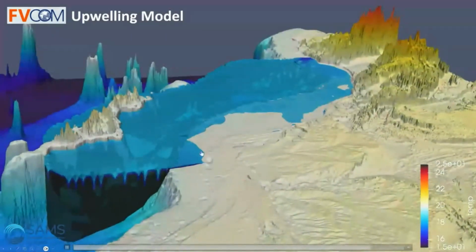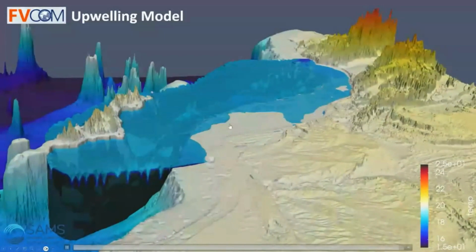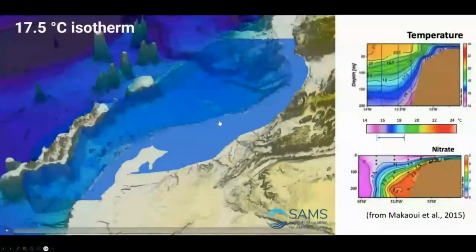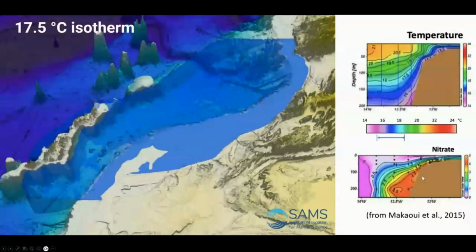Bathymetry. And then this I'll talk about in the next slide. This is an isotherm of where the cold water is. It's been shown in a few studies that the nutrient-rich upwelling water strongly correlates with temperature. Because it's an upwelling regime, you get this cold water that's upwelled, which is also dense in nutrients.